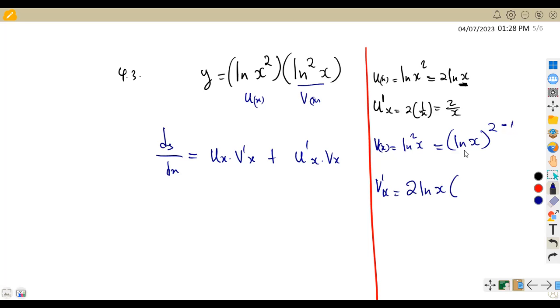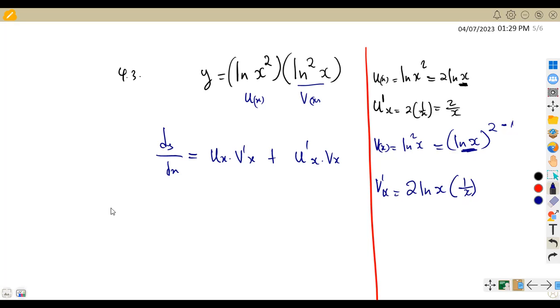Then we find the derivative of what is inside, which is ln x. The derivative of ln x is 1 over x. So the first derivative of v is 2 ln x times 1 over x. Okay, so this is what we have.